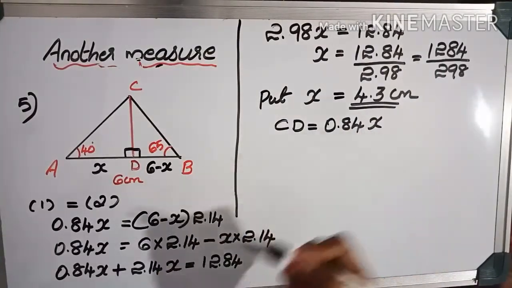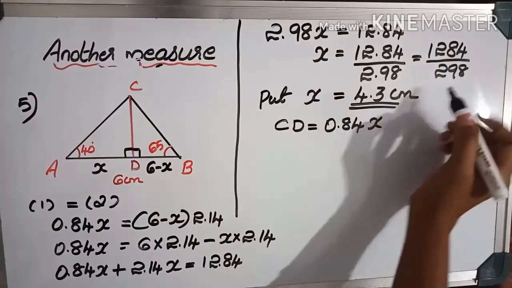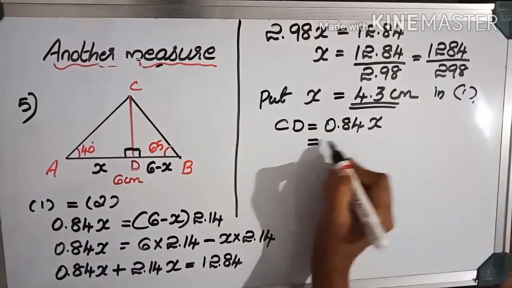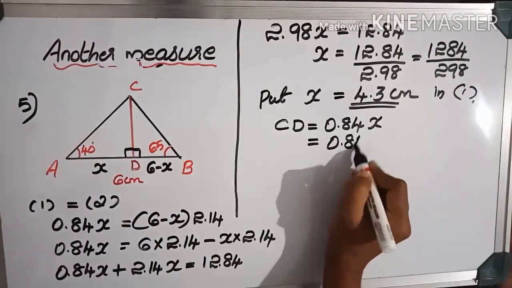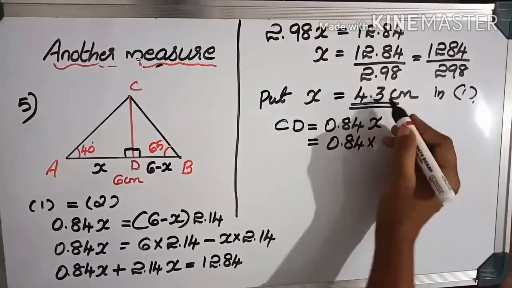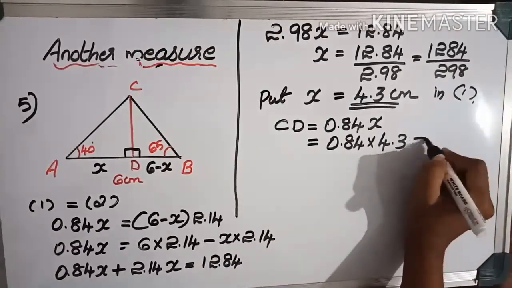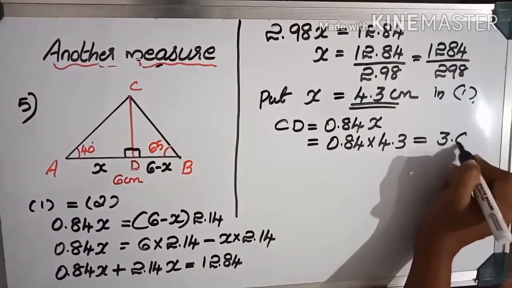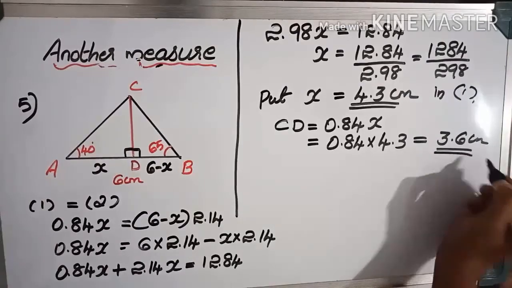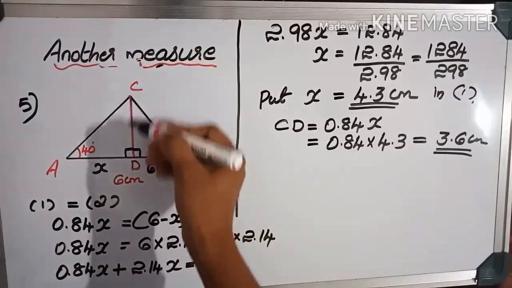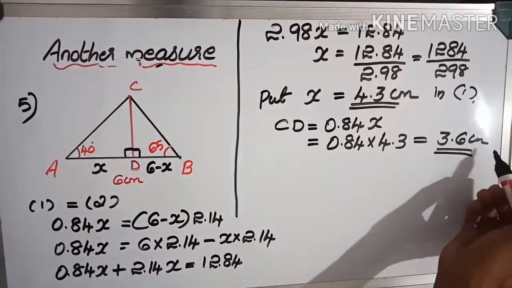So put x equal to 4.3 in first equation: 0.84 into 4.3. So answer is 3.6 centimeter. So CD is 3.6 centimeter, that means this height is 3.6 centimeter.